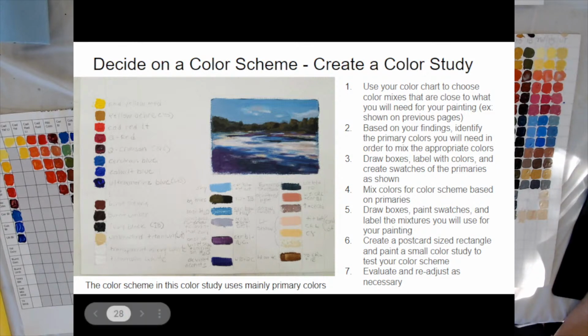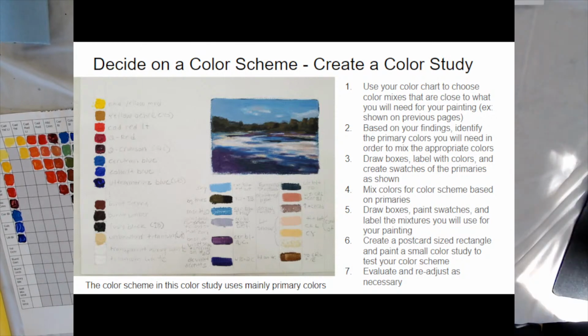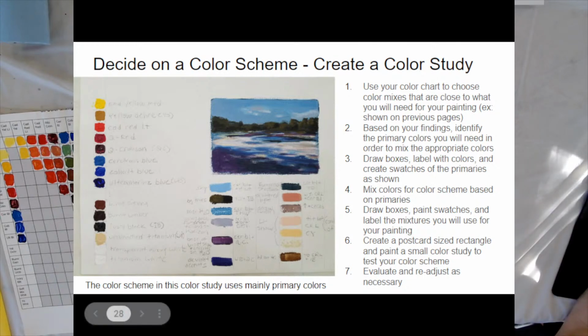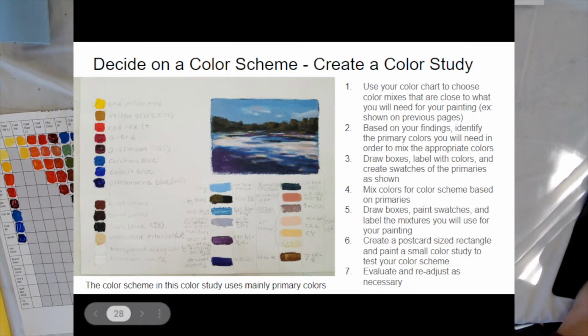This was acrylic, so I looked at my acrylic chart and my photograph, my reference, and I discovered, based on the colors that I saw, that these are the primaries that I would need to mix the colors that were in that.